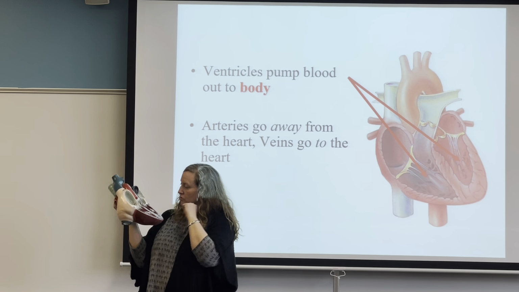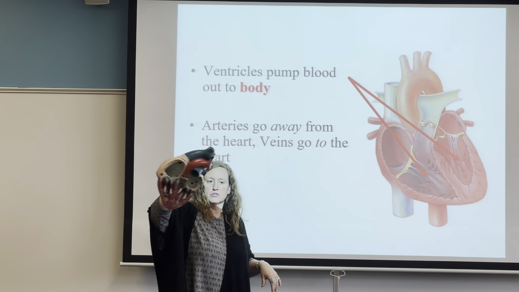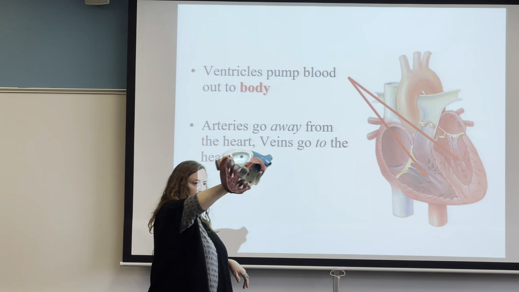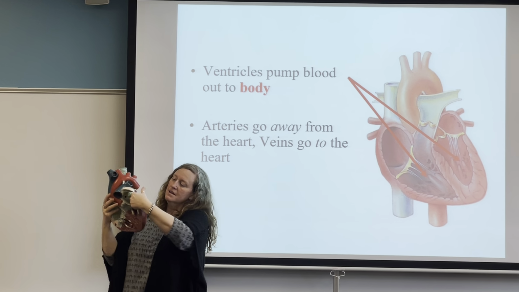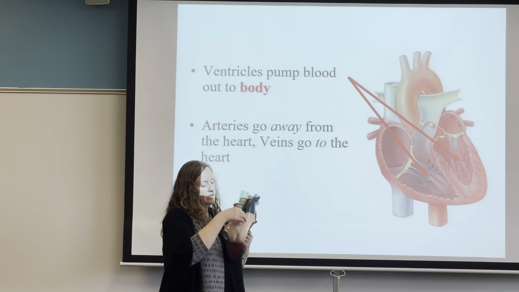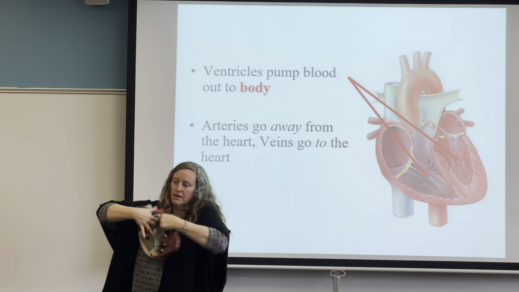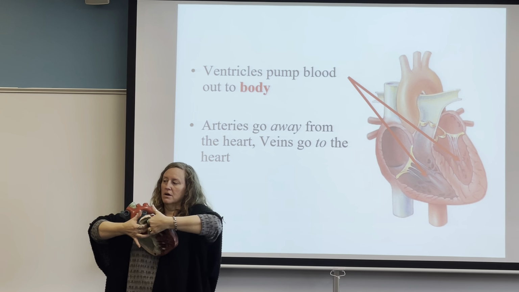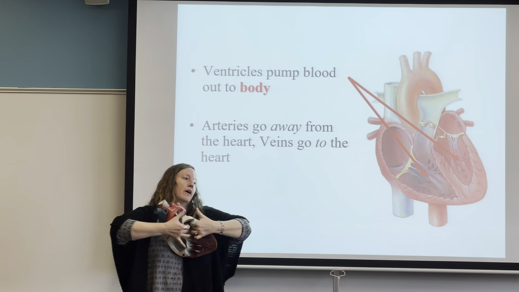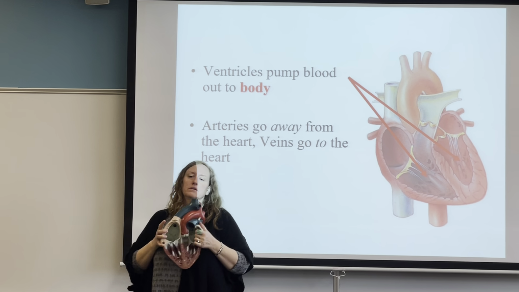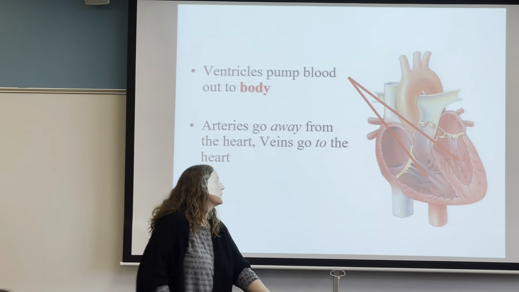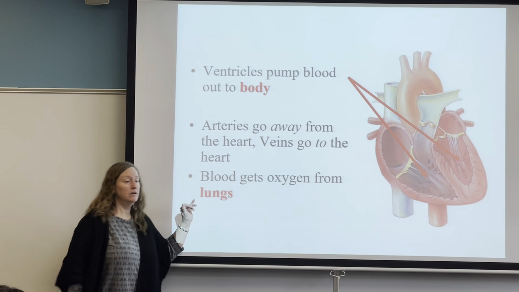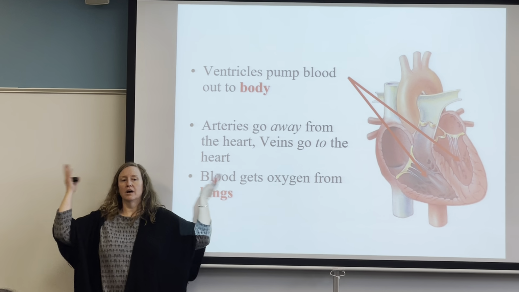When you're looking at the heart model, there are 4 dots inside of there, and the 4 black dots are basically saying that this is coming into the heart here, and these 2 are coming into the heart there. So you'll have 4 parts of the pulmonary vein coming into the left atria. Blood gets oxygen from the lungs.